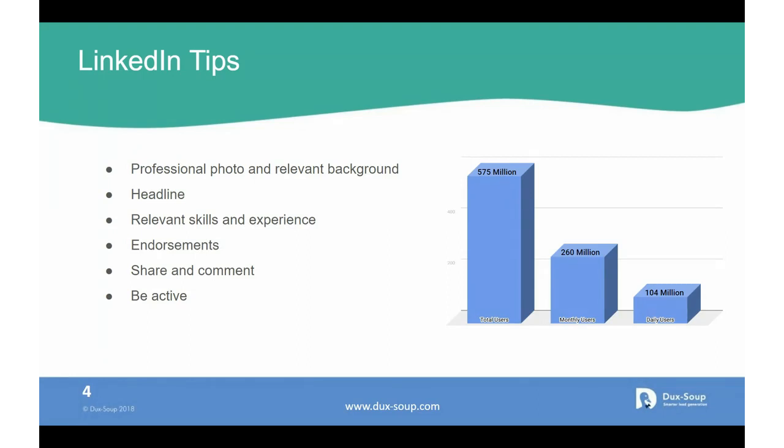So some top tips to optimize your LinkedIn profile for lead generation. One very important thing is use a professional photograph where you can, and a relevant background. I'll be showing you my profile shortly and can show you where that is. There are spaces on your LinkedIn profile which you really should make the most of.